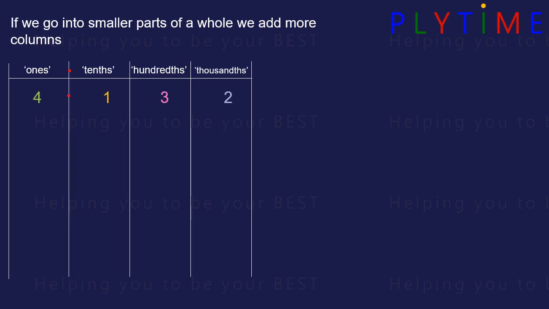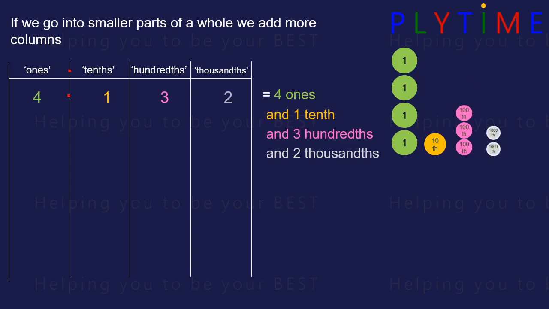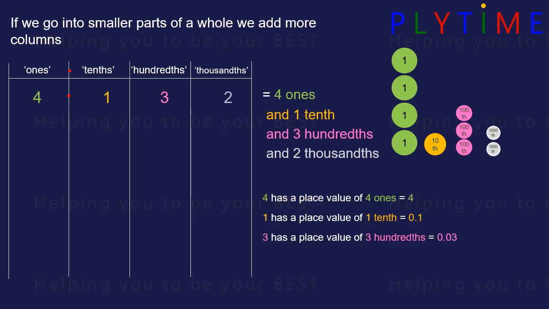4.132. We have 4 ones, we have 1 tenth, we have 3 hundredths, and we have 2 thousandths. 4 has a place value of 4 ones or 4. 1 has a place value of 1 tenth or 0.1. 3 has a place value of 3 hundredths or 0.03.